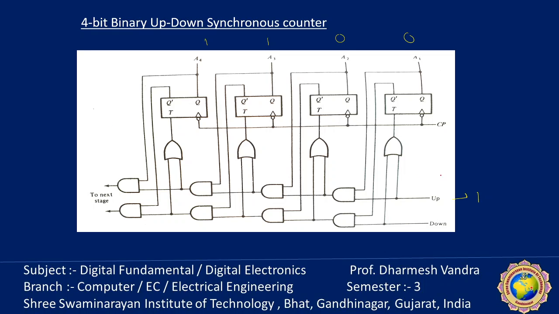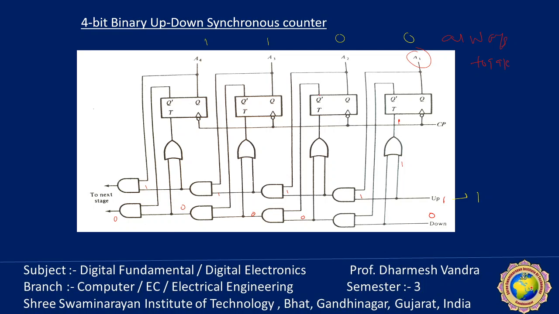So suppose here up equals 1. So this input is 1, down is 0. A1 is always complemented, always toggles. Now up is 1, so the upper AND gate has one input equal to 1, while the below one is always 0, because the count down is 0 in the first condition.